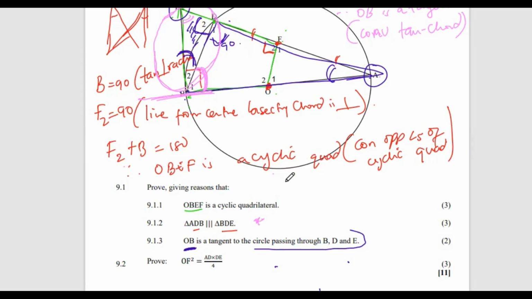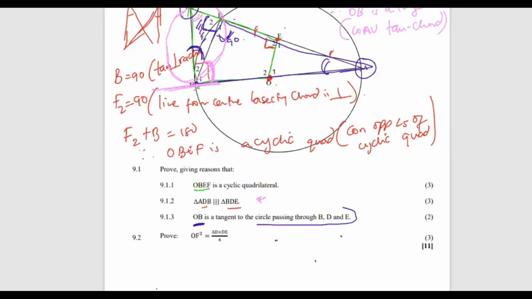Since we proved that these triangles are similar, I think we can just use the same approach. And what that is going to be is this side and then that side and so on.